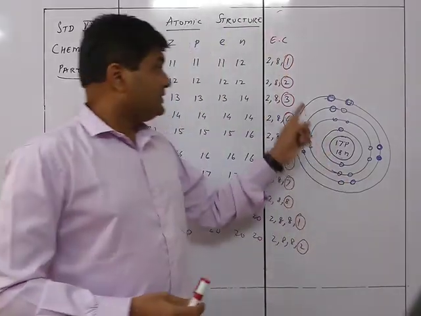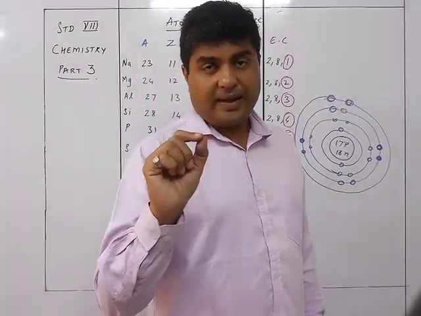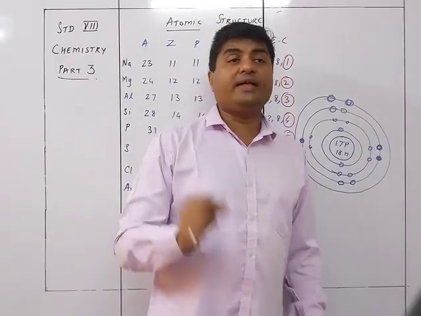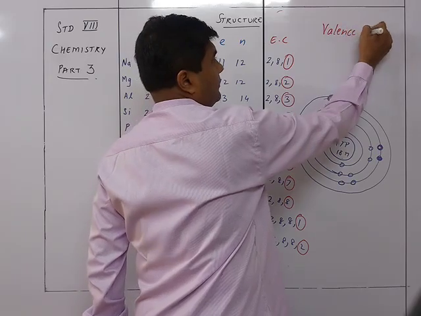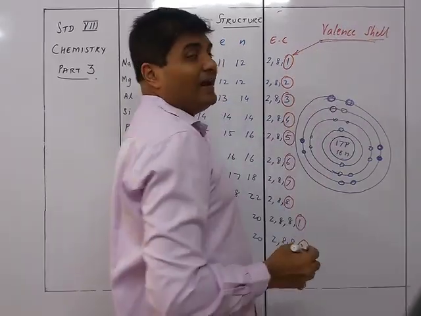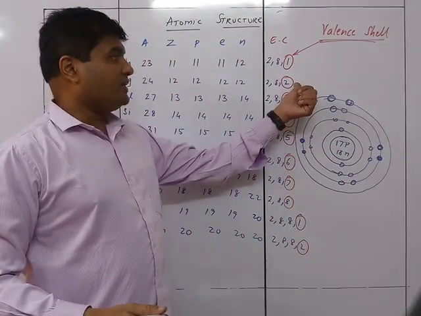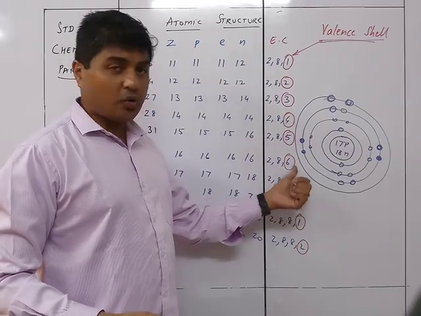Now these are the electrons in the last orbit and they are called electrons in the valence shell. 2 electrons in the valence shell, 3 electrons in the valence shell, 4 electrons in the valence shell, 5 electrons in the valence shell, and so on.